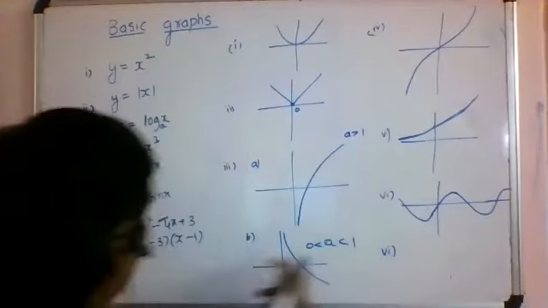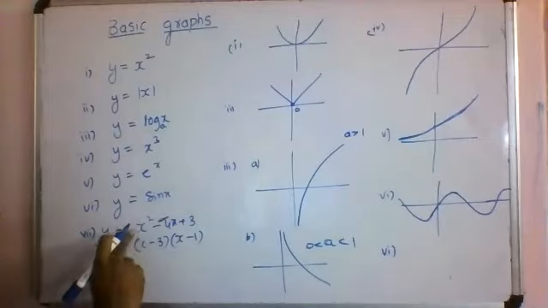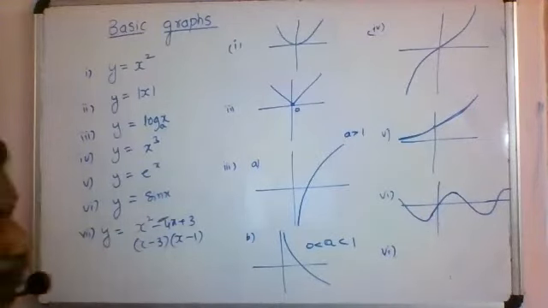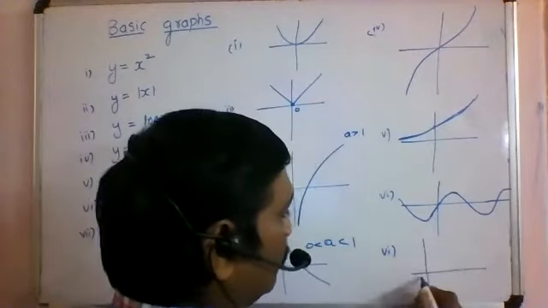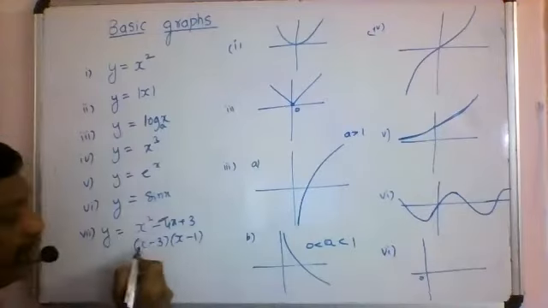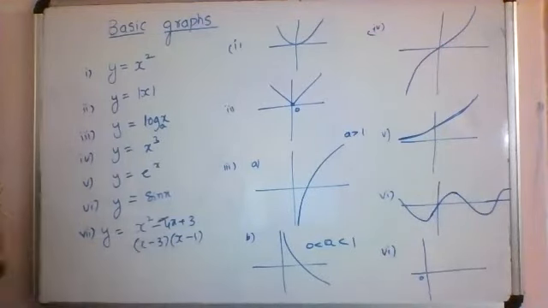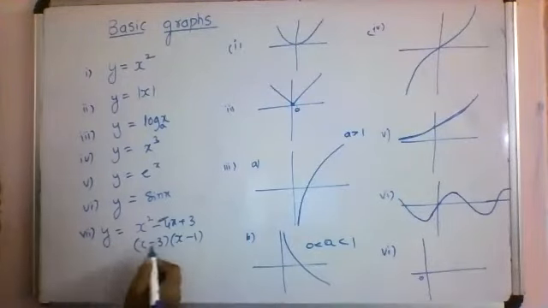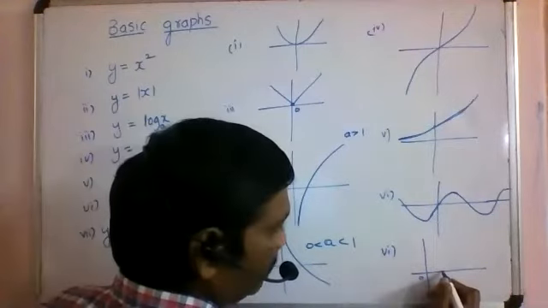And the seventh one, which is a quadratic: x square coefficient is positive, so it is an up open parabola. If this is the origin, it is clear that when x is equal to 1 and x is equal to 3, the curve becomes 0. Up open parabola with intersections at 1 and 3 with the x axis.